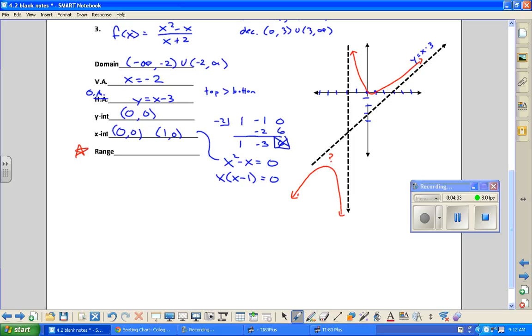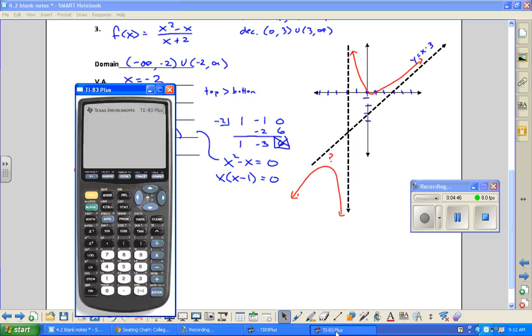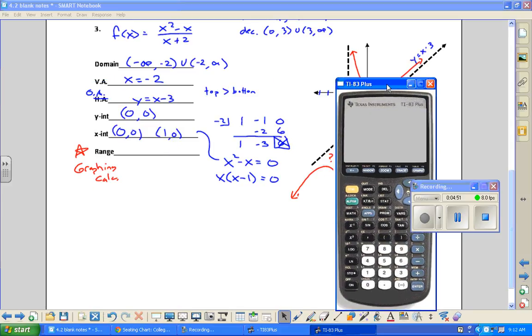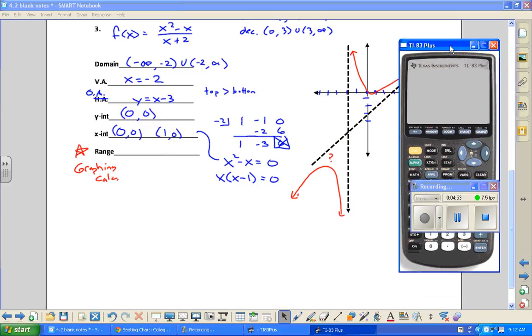And the bottom of this other curve and the asymptote, we're not sure how far away that is. So this one would be one where we would need to use our graphing calc to find like the maximum minimum. Or you could estimate, or you could do a variety of things.